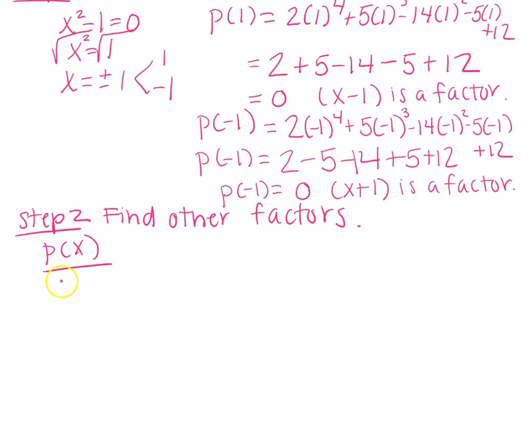I'll do x minus 1. I'm going to use my synthetic division again: 2, 5, negative 14, negative 5, and 12. And since I'm dividing by x minus 1, my root is going to be 1.